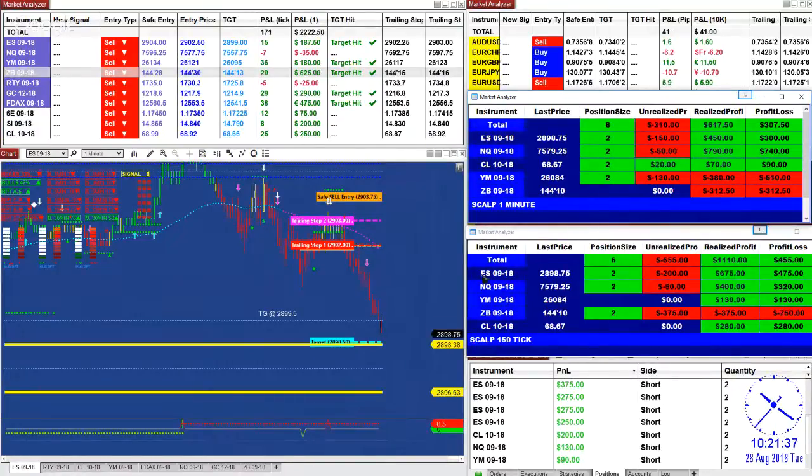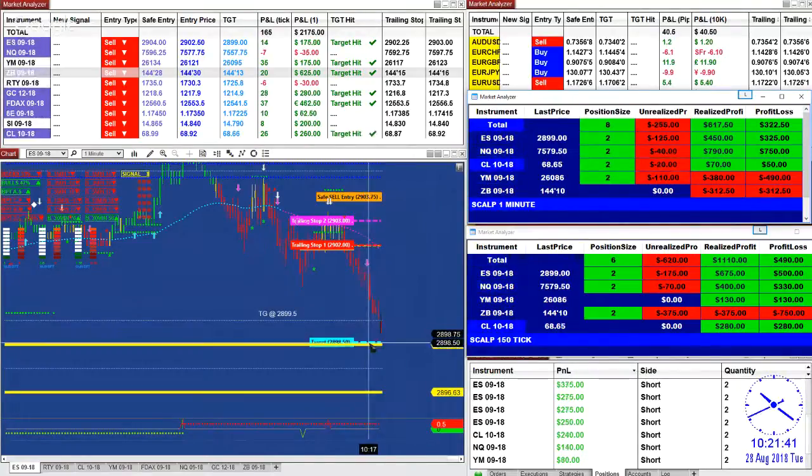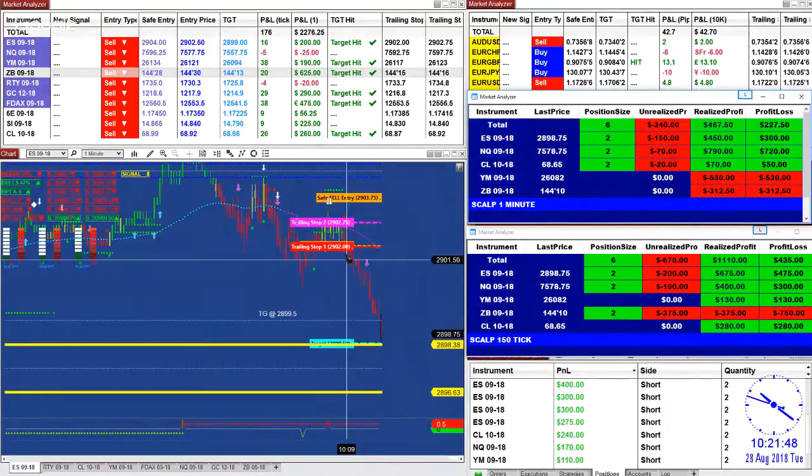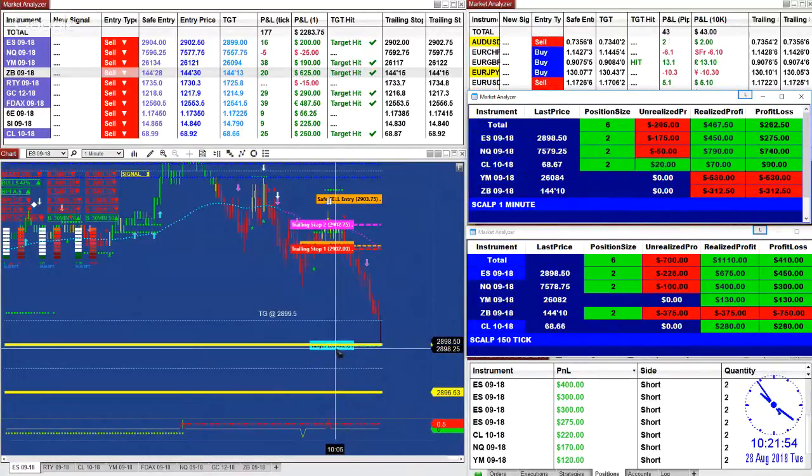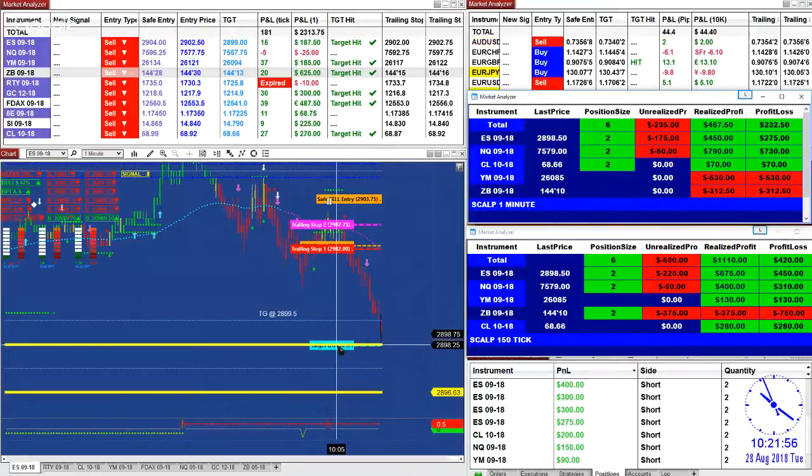Now we can see on the ES we stopped a little bit here, and the final destination on the ES is 98.50, and I actually waived it. I didn't take that trade here, but even the system, every time there is a new signal, there is a new target with different ticks, depending on the market's movement.